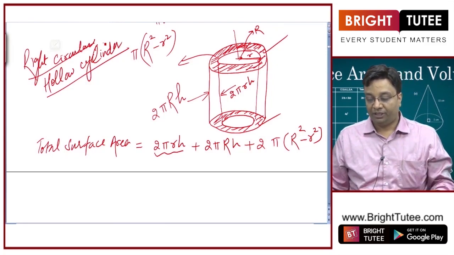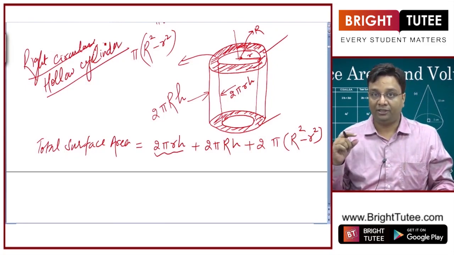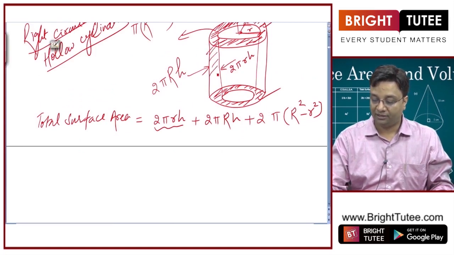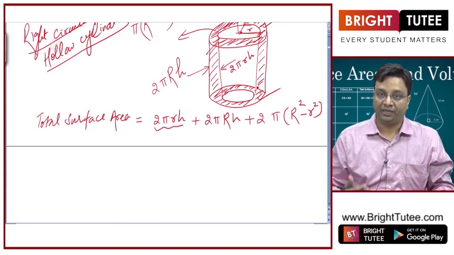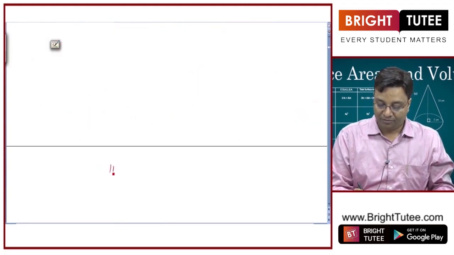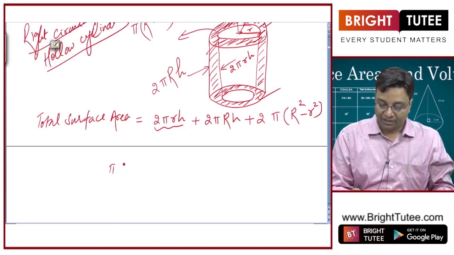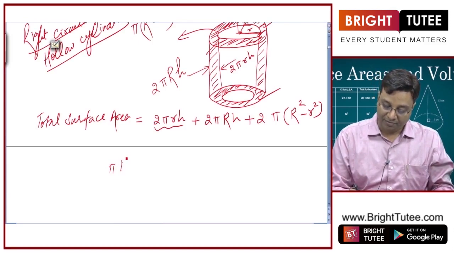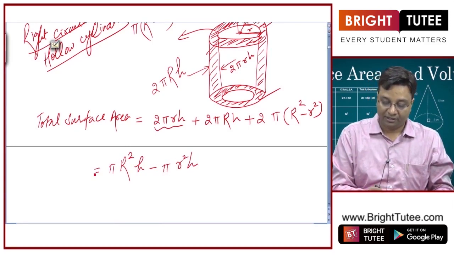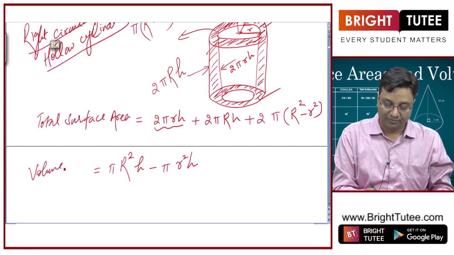Okay. Now if you need to talk about the volume of the metal used in this cylinder, what is the metal used? Metal is this. What was the volume of a cylinder? It was pi r square h. So if I subtract pi R square h minus pi small r square h, it will give me the volume of metal.